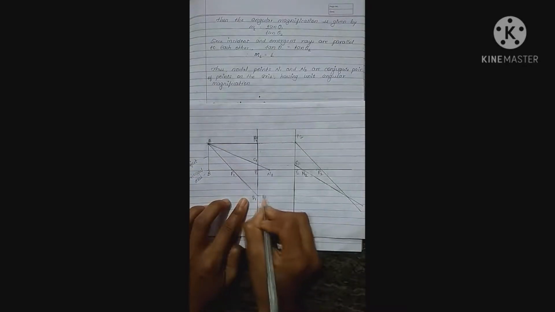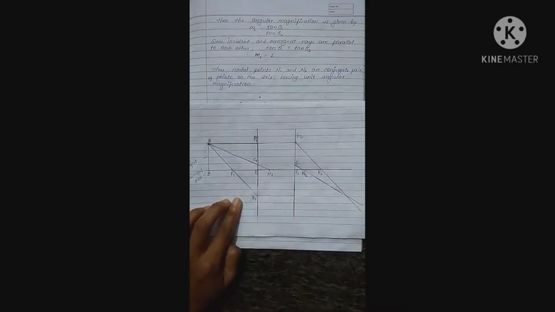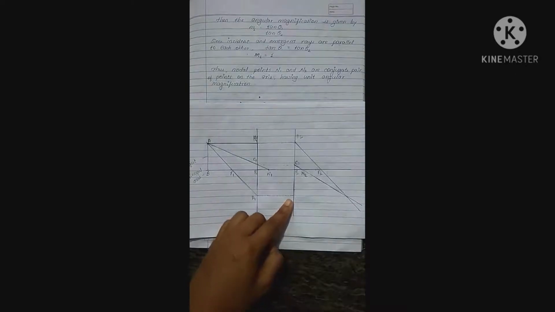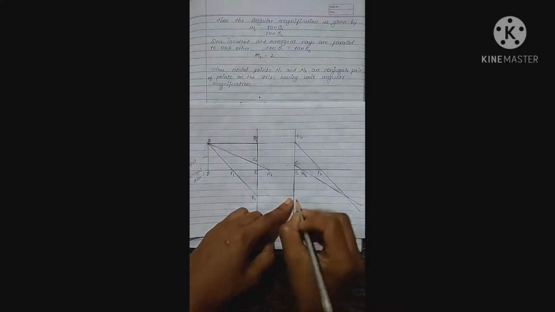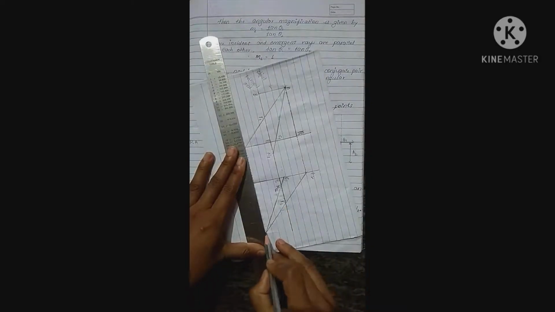The ray becomes parallel between these two principal planes and intersects the second principal plane, and this point is denoted by D2. After refraction, this emergent ray becomes parallel to the principal axis.